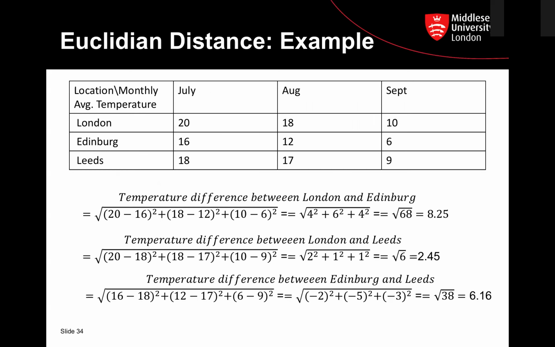So when to use Euclidean distance or Manhattan distance depends on your application. If you're talking about, say, calculating distance for geometry, you use Euclidean distance.